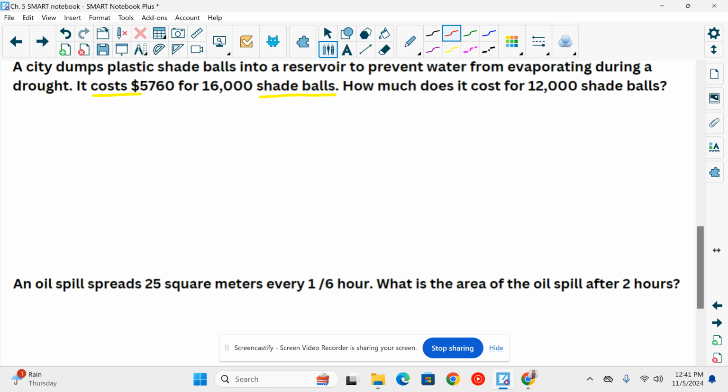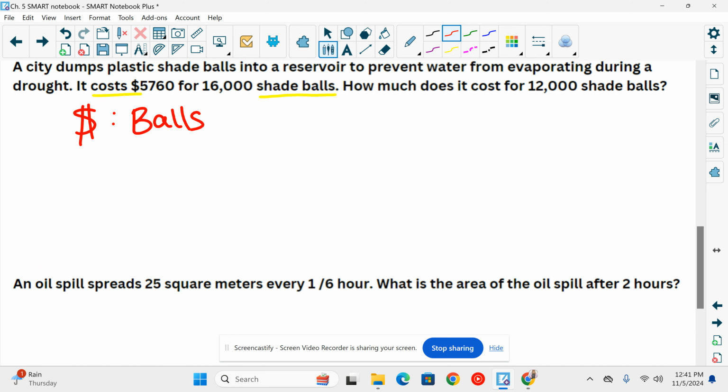What comes first in the sentence or the problem? The 5,760. The money, right? Money comes first, and then comes the shade balls, right? That's the order in which we're writing the ratio. In order to solve ratios, we're going to need to write them in fraction form.